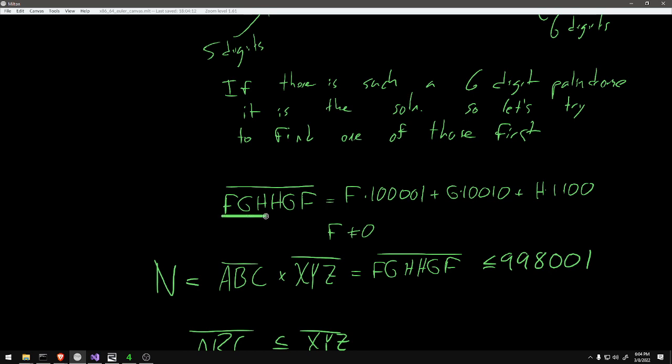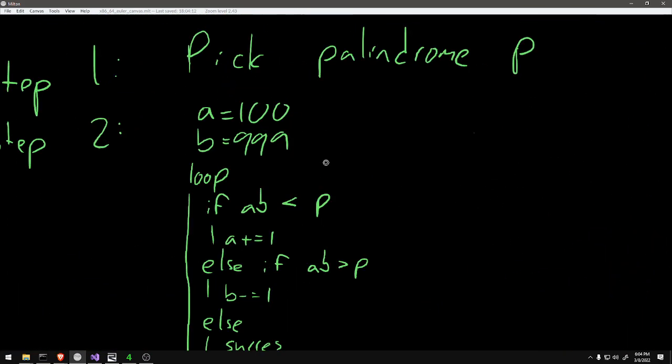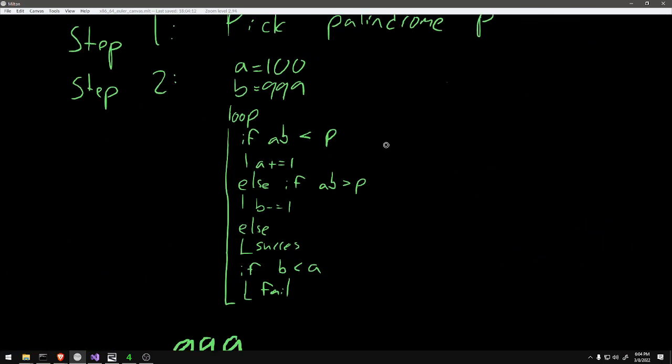The 3-digit choices, all here on the high decimal spots, they will dominate. So whatever those 3 are will tell you the descending order. So 999, 998, 997, and so on, right? We can just check these in descending order, and the first one we find is the solution. So then the only thing we need to do is have an algorithm that can test if there is a way to write that number as the product of two 3-digit numbers.